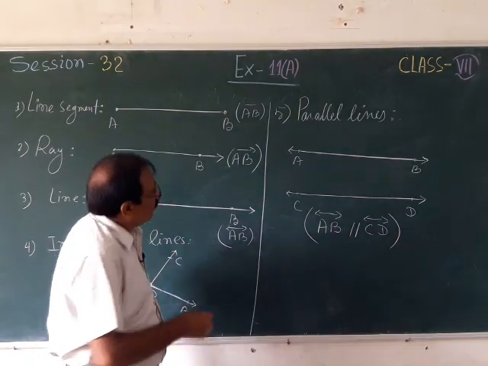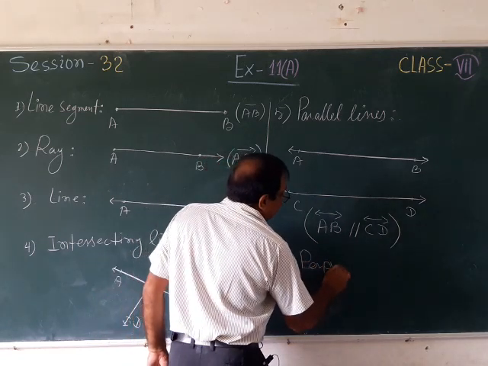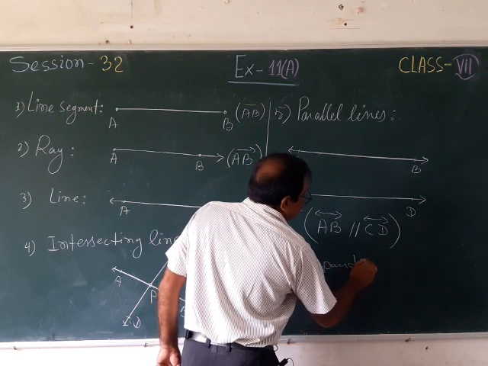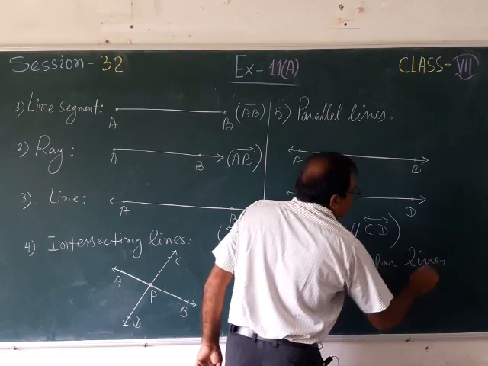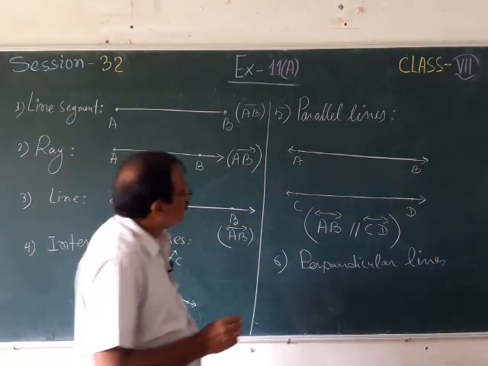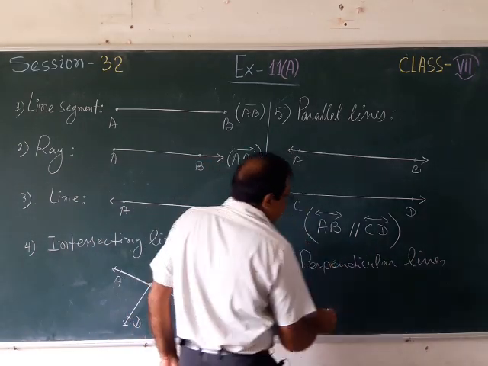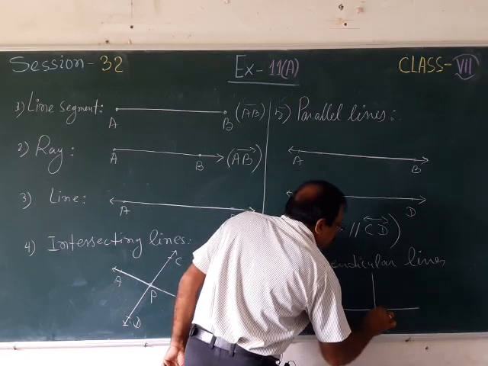And then the sixth point is perpendicular lines. Here in perpendicular lines, it means if I am drawing a line and another line I am drawing like this.